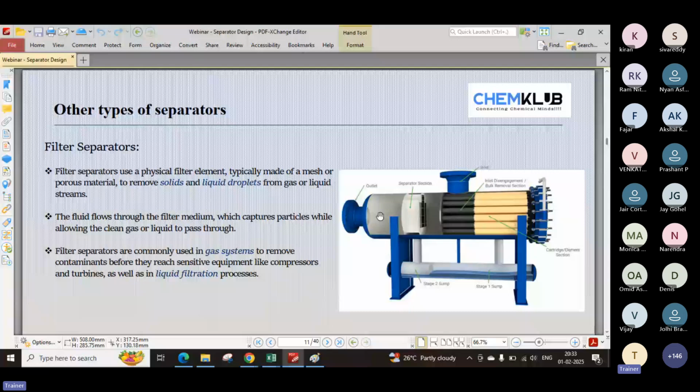These are again separators. In this case, separation may be happening in two parts. If we have this as a vertical, the bottom part is the main separator, where separation happens because of gravity, whereas in the upper chamber we have some filter media, generally called cartridges, and there the separation happens through the cartridges because of the pressure force.